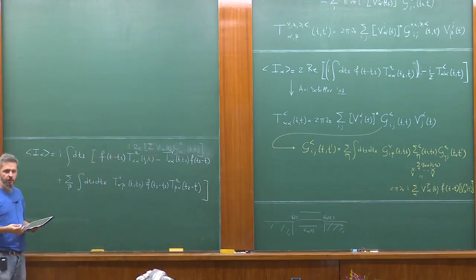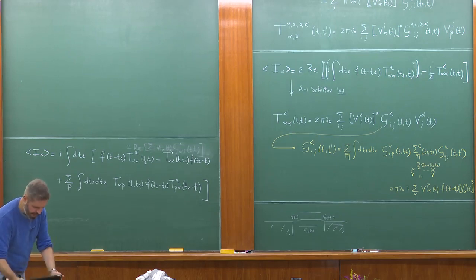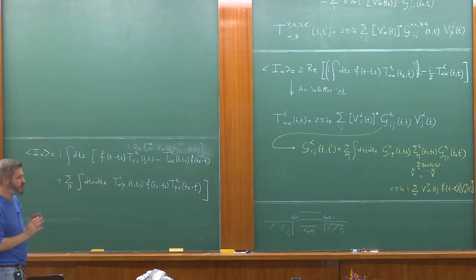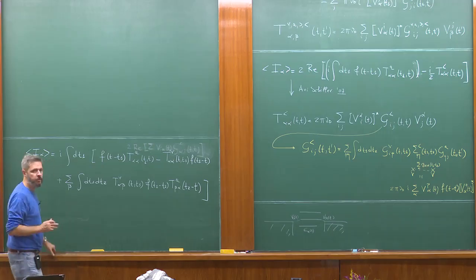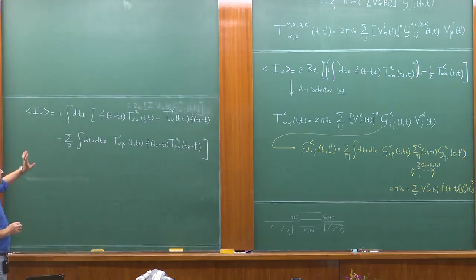And does it look complicated enough? It does, right? Now, luckily, at this point we can simplify just by using physical intuition. You don't need to think about mathematics. This expression is written in terms of T matrices.